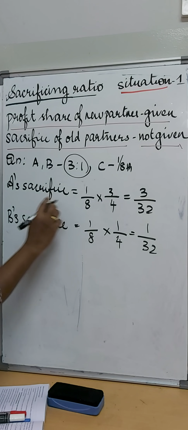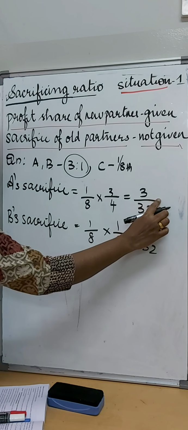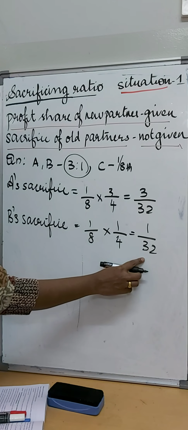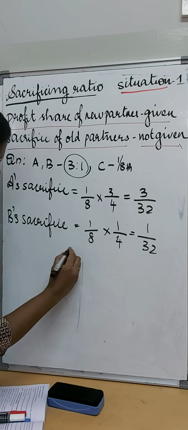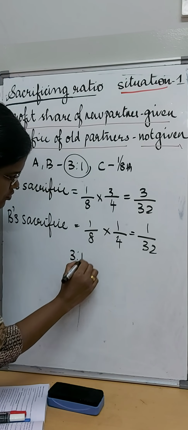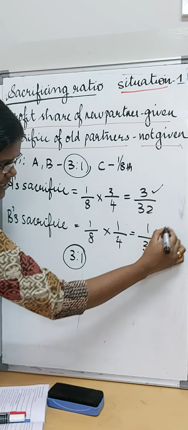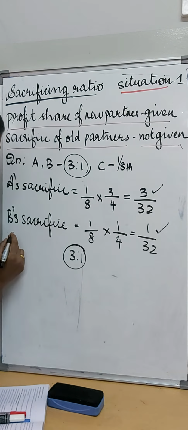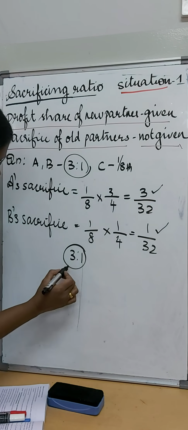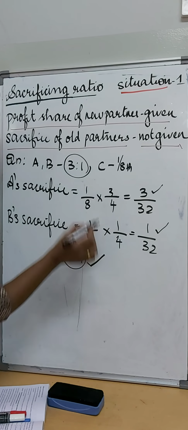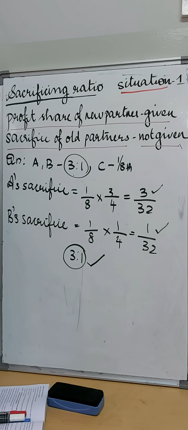Okay, so the sacrifice made by A is 3/32. Sacrifice made by B is 1/32. Is it? So 3:1, sacrifice made by A and sacrifice made by B. 3:1. So this is the sacrificing ratio and the same thing is the old profit sharing ratio.